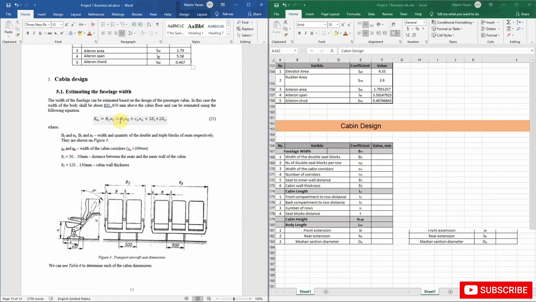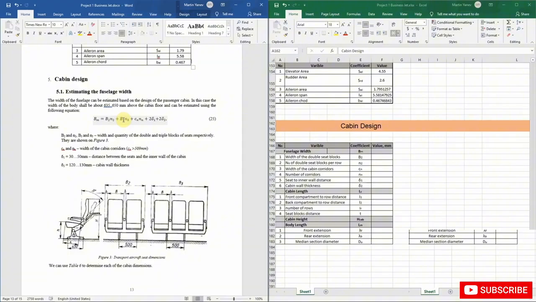So this equation basically represents, so B2 and B3 are the width of the seats that you're going to have. Usually in the aircraft, you probably notice, there are blocks of seats, and usually these blocks are of 2 seats or of 3 seats. So simply B2 and B3 represent respectively the width of the 2 seats blocks and of the 3 seats blocks.